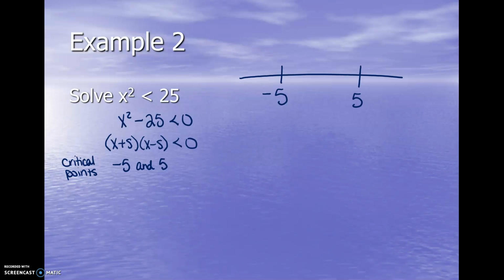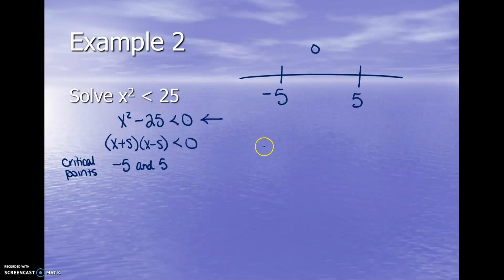So can you think of a really easy number between negative 5 and positive 5 that we could test? 0 or 1. And you want to test this in the version of the inequality that has the less than 0. So we're going to test it right here.